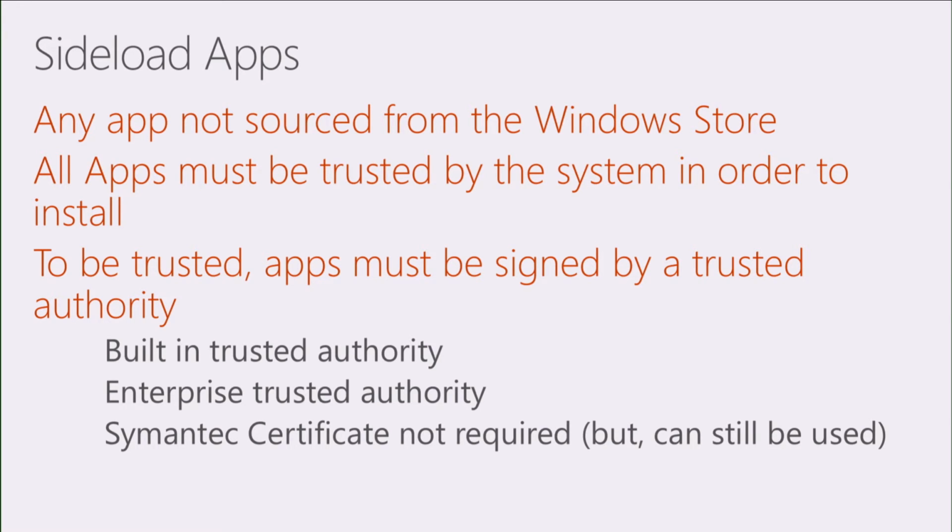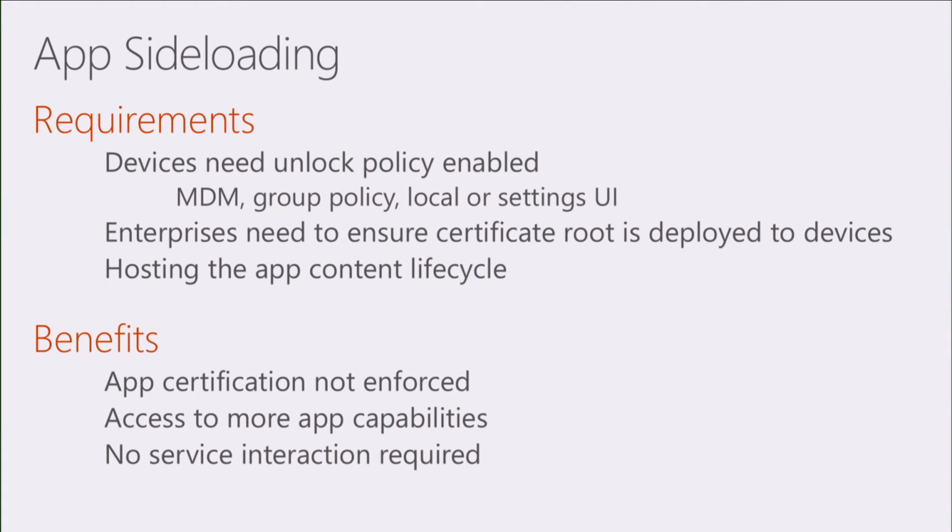But in the Windows 10 world, in the new Universal Windows Platform mode, it's much easier to sign those simply with an enterprise trusted authority based certificate than one that you would get from the Symantec cert. So those are the options. But the certificate that has signed the package must be trusted by the system. If it's from us or a trusted provider, then that's built in. If it's from you, from the enterprise, it's built in. Anyone else, you would have to make sure that you enabled for the device.